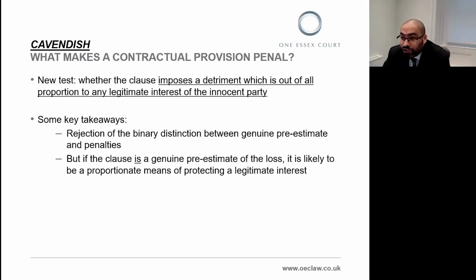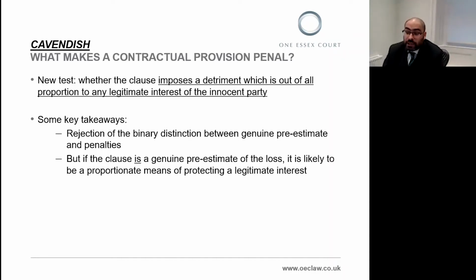The old test of genuine pre-estimate of loss has been replaced. The new test is whether the clause imposes a detriment which is out of all proportion to any legitimate interest of the innocent party, in the sense that it is extravagant or unconscionable.